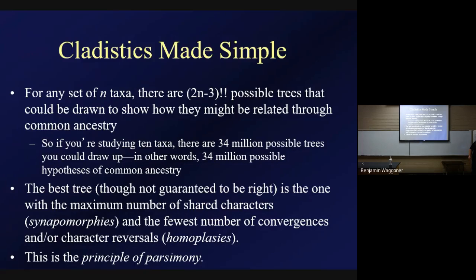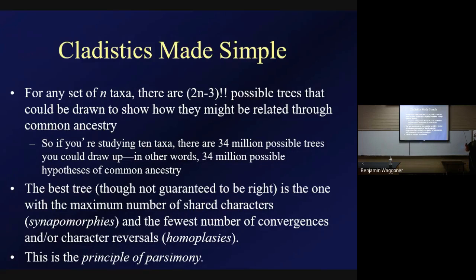The best tree is the one with the maximum number of shared characters and the fewest number of convergences. Don't worry about the god-awful synapomorphies and homoplasies terms right there. The tree that gives you the maximum number of shared characters is the one that you go with.